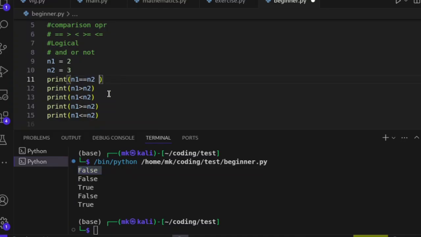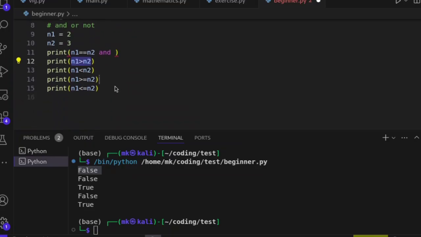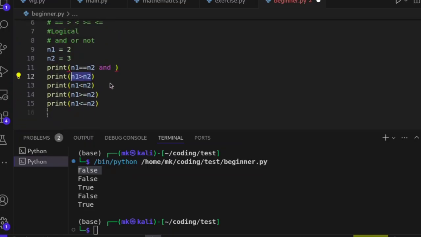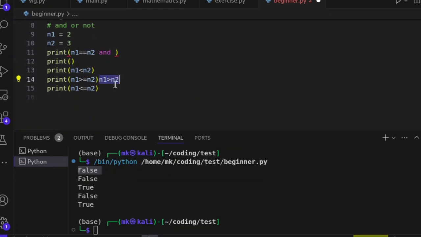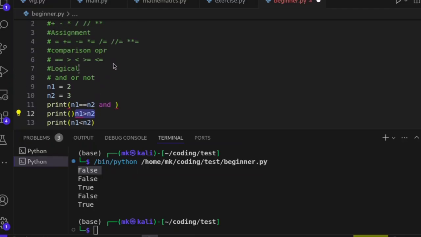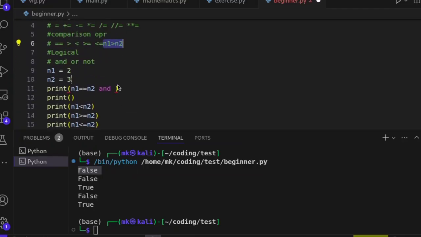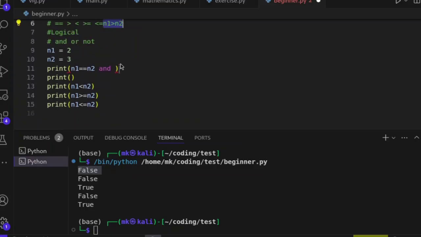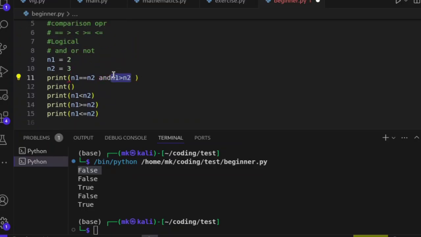But if I set and, then I put another comparison operator like this one, as you can see here now, if this one is true and this one is false, or this one is also false, then the answer is going to be false.